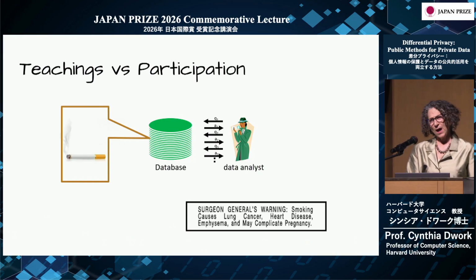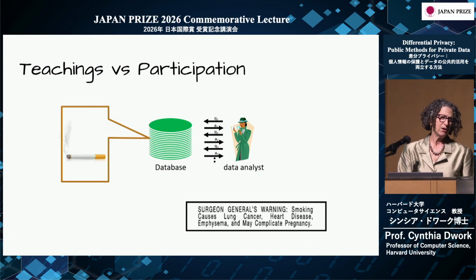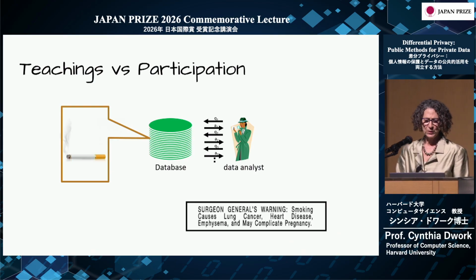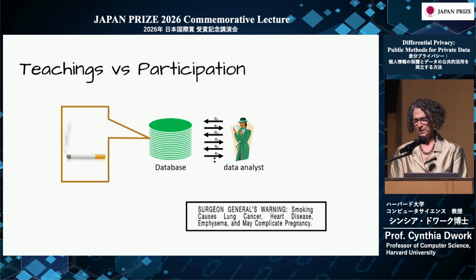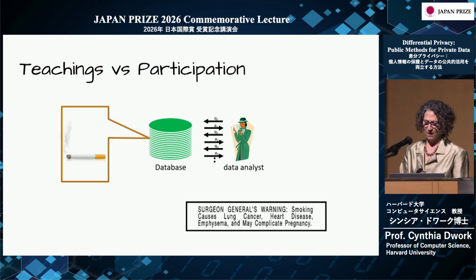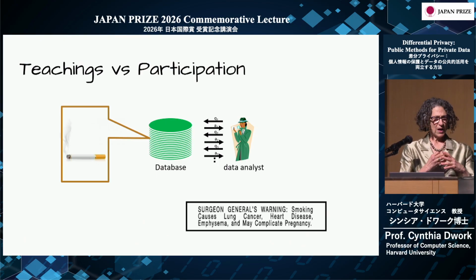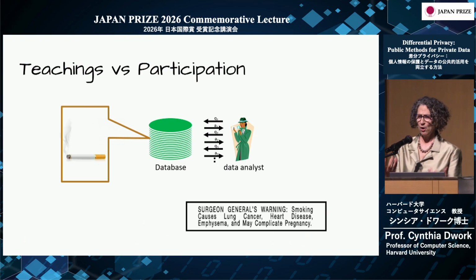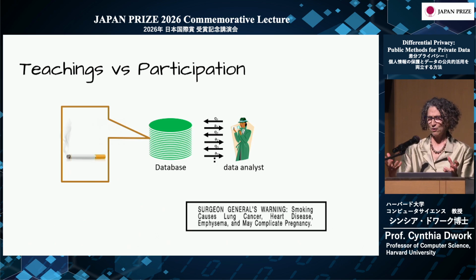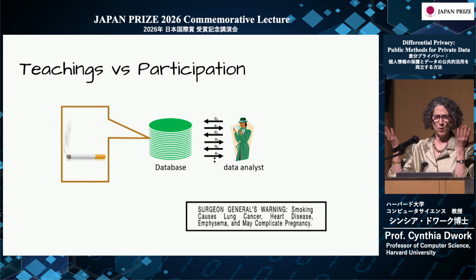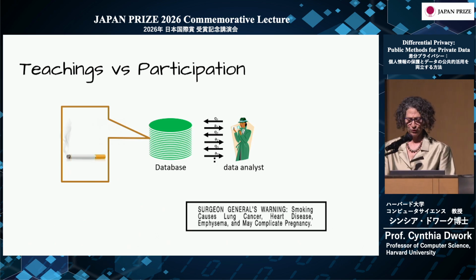Now, I'm not saying that there's never any harm in statistical analysis. So let's suppose that we have a medical data set and it teaches us that smoking causes cancer. So a smoker might be harmed in the sense that their insurance premiums might go up and they might have to pay more for health insurance.